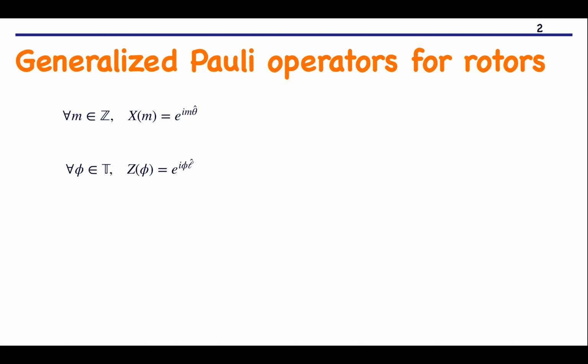I call the translation in angular momentum generalized Pauli X operators. They are characterized by an integer m, while the translation in phase will be called generalized Pauli Z operators, and they are characterized by a phase that is defined in 0 to pi.